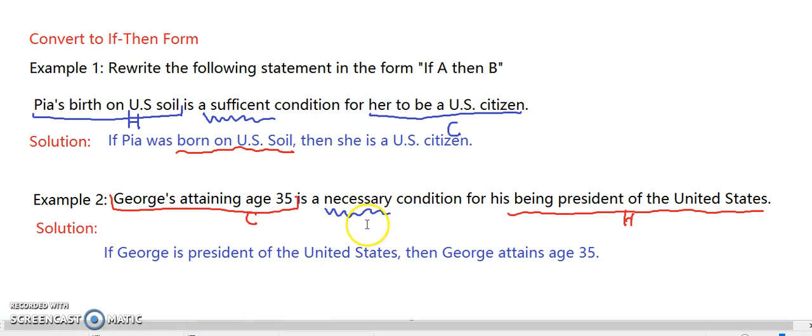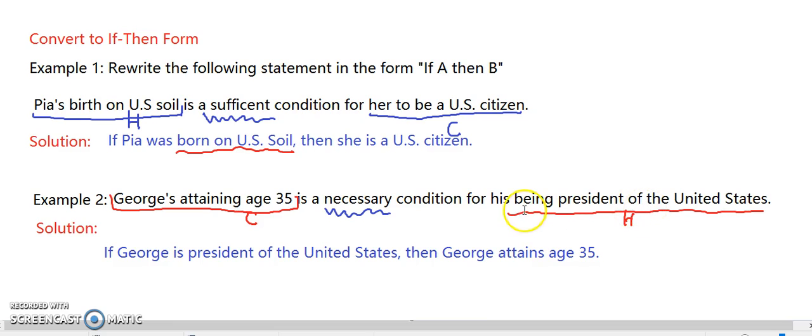And again, necessary means in order to be a president of the United States, you must meet this requirement. Necessary means that's required. But it doesn't mean that if you meet this requirement, you will be the president of the United States.